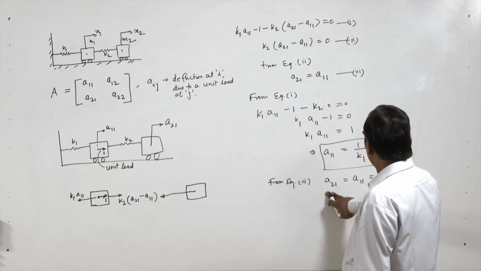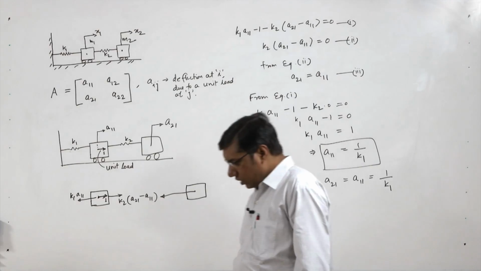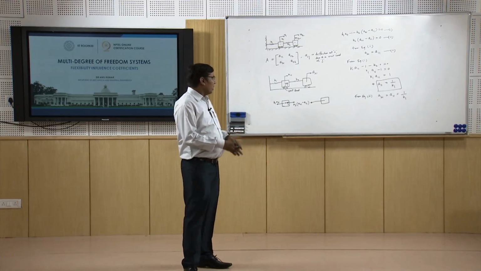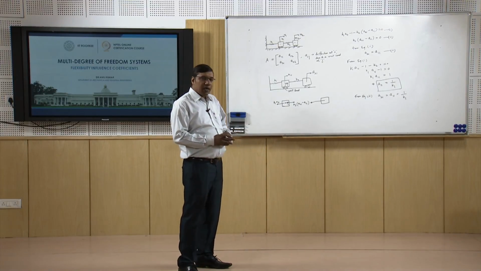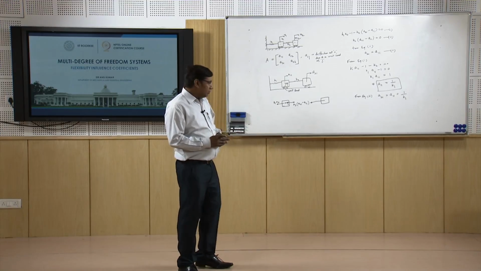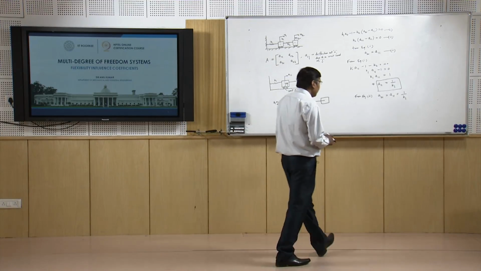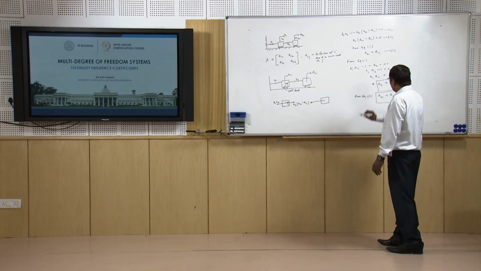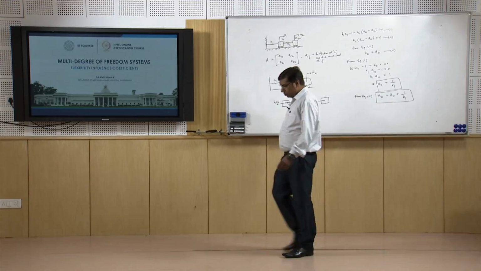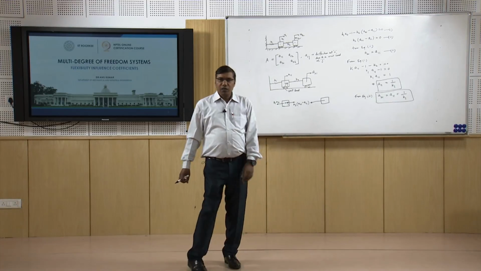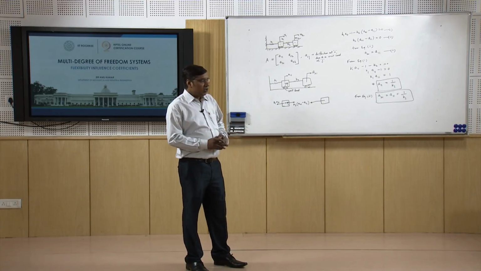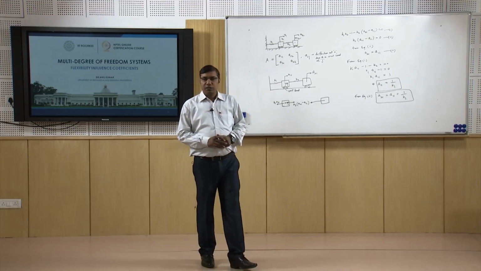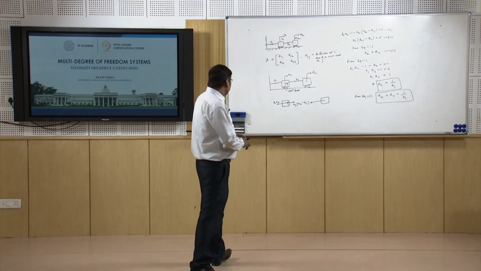So we have got the second influence coefficient A21, that is when the load is applied at 1 and displacement is measured at 2, and they are equal. So we have got these two influence coefficients. Now we have other coefficients that we need to find out, and therefore we will apply a similar process.